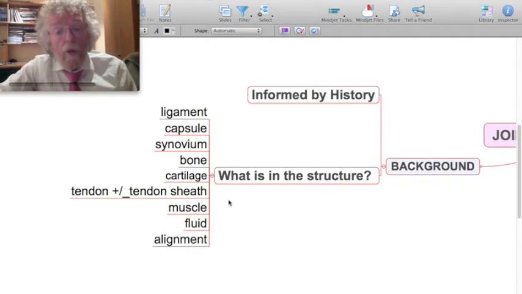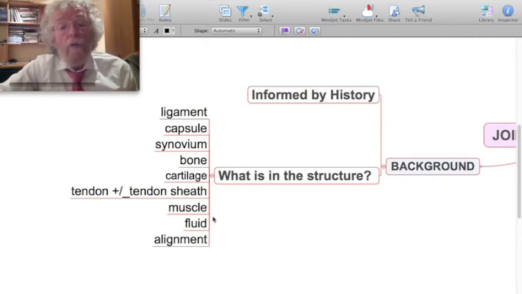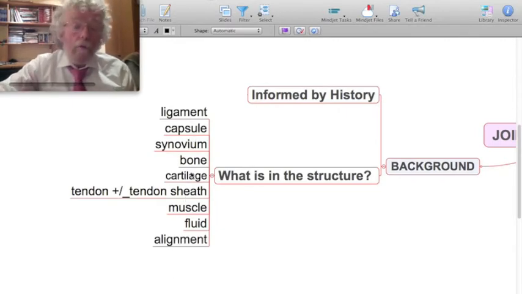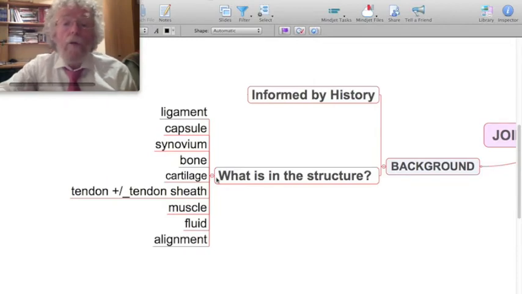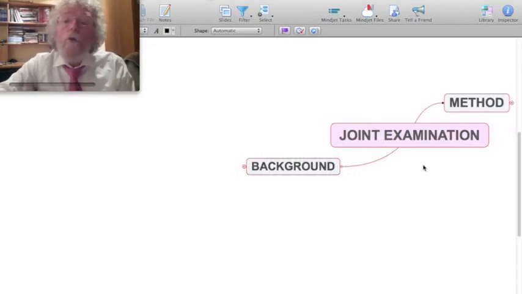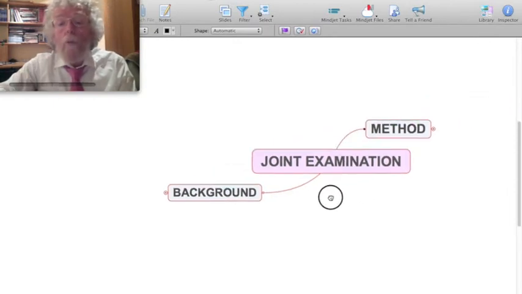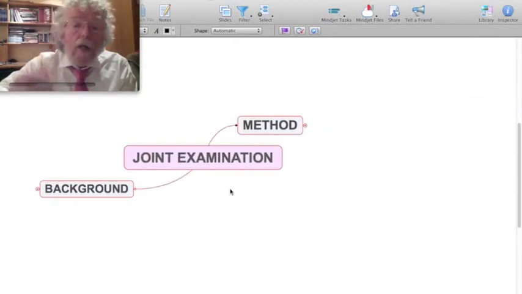Well, similarly with the joints, one has to be cognizant of the various tissues and structures underneath the skin and moving or stabilizing that particular structure. So much for background and for how one might approach thinking about the joint.